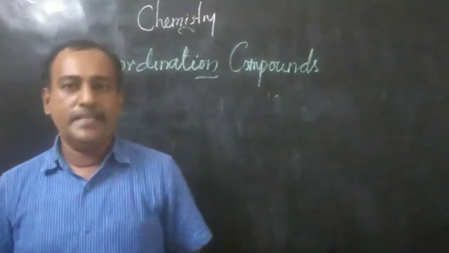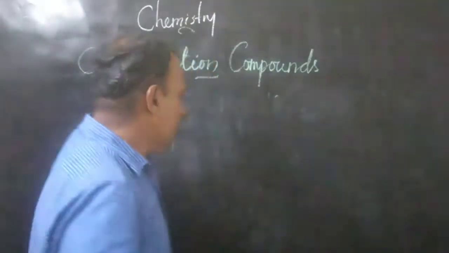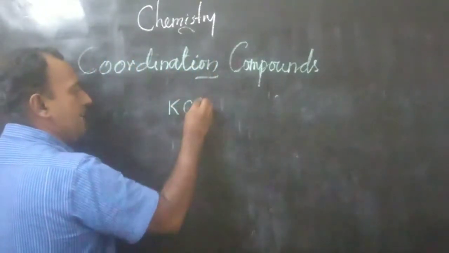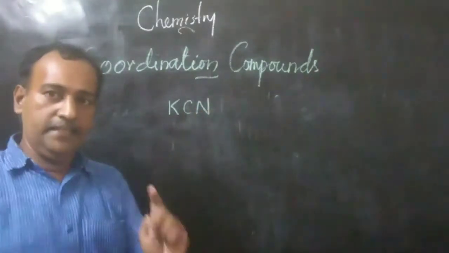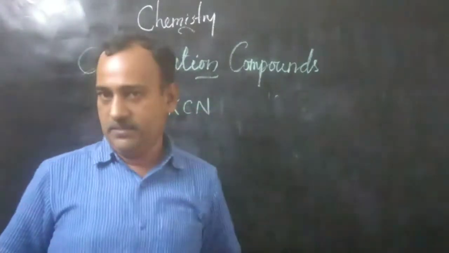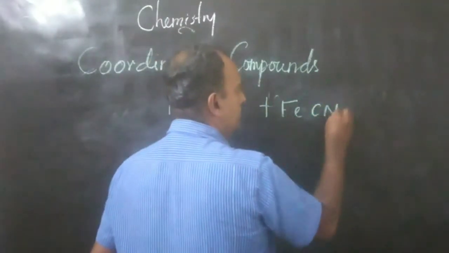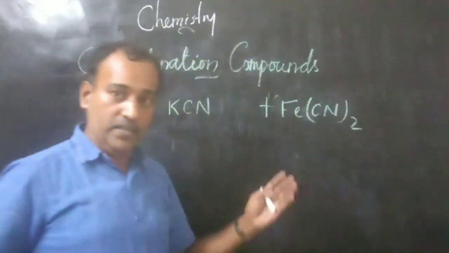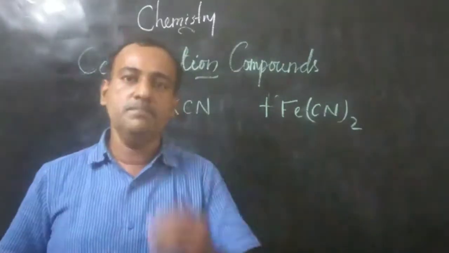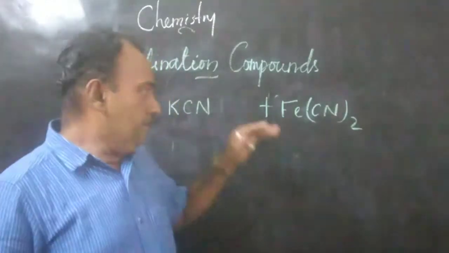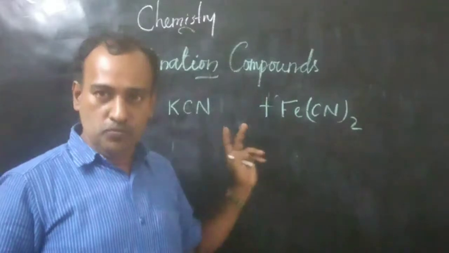Now we will take another example, that is potassium cyanide. Potassium cyanide is one of the simple salts, and ferrous cyanide, two simple salts. Prepare the solution of these two simple salts.